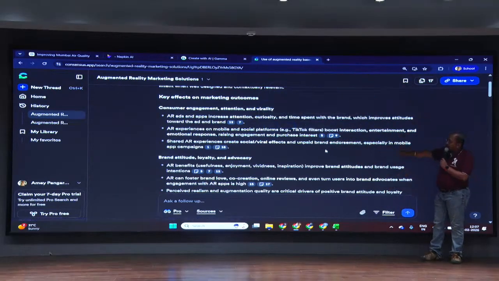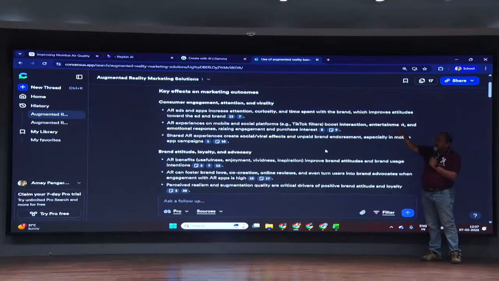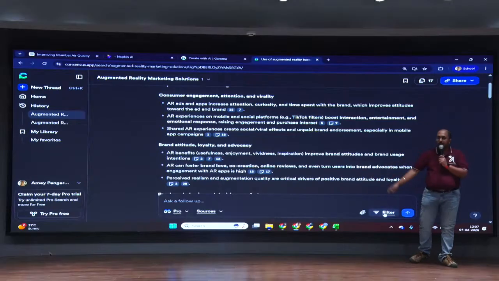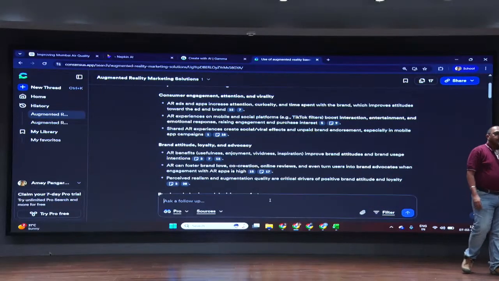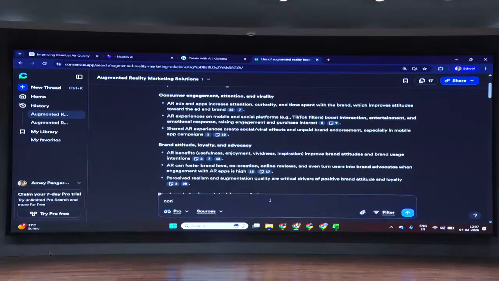Now, for all those 20 research papers and the basic summary which I got, I am going to have a follow-up question here. And I'm going to ask, considering all these 20 research papers, write a literature review.